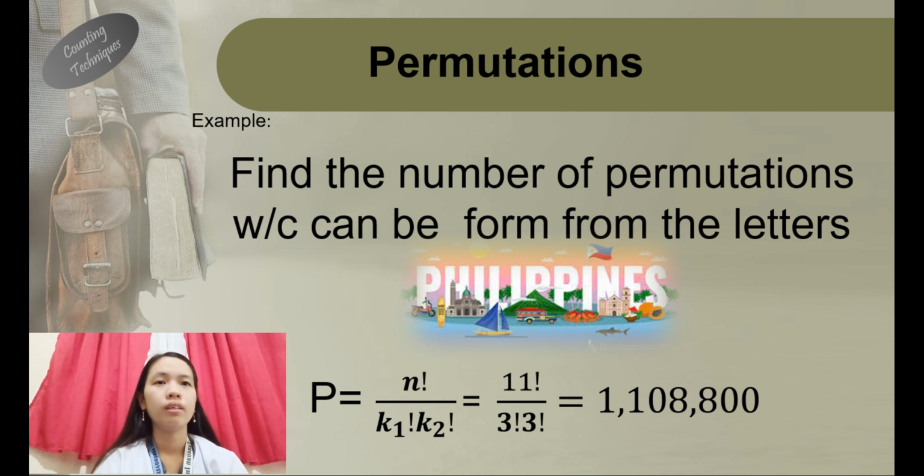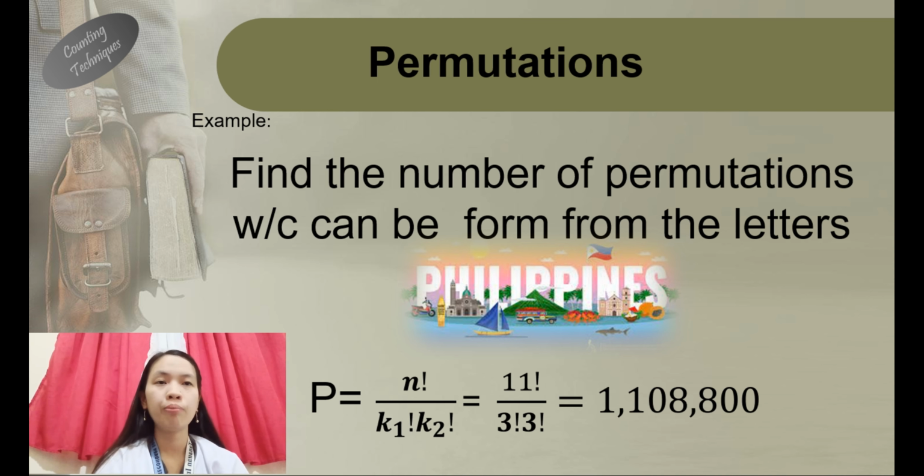So, the factorial of 11 is 11 times 10 times 9 times 8 times 7 times 6 times 5 times 4 times 3 times 2 times 1, all over 3 factorial times 3 factorial, which is equivalent to 3 times 2 times 1 times 3 times 2 times 1.